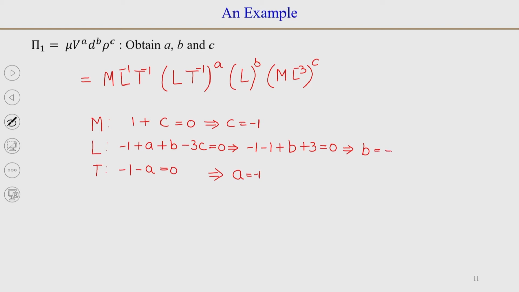So, B is equal to minus 1. So, in this case A is equal to minus 1, B is equal to minus 1, and C is equal to minus 1.